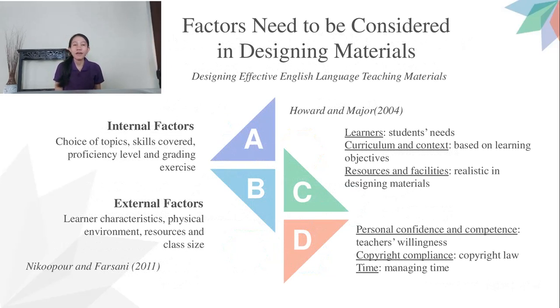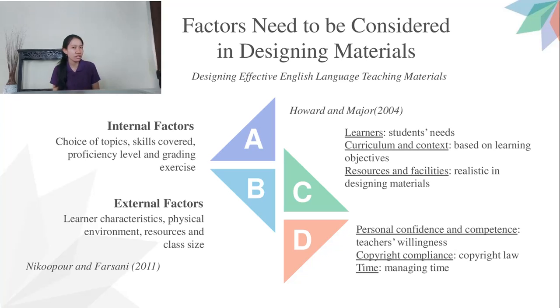Next, we jump to the factors that need to be considered in designing materials. I get the factors from two different experts. The first is from Nikolpour and Varsani in 2011, who divide them into two factors, internal and external factors. Internal factors emphasize content, organization, and consistency.